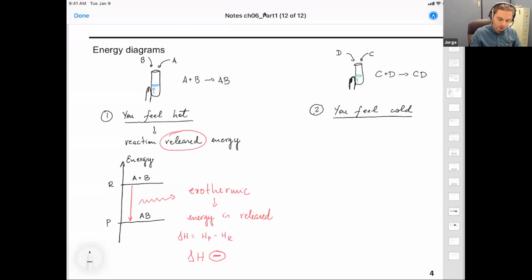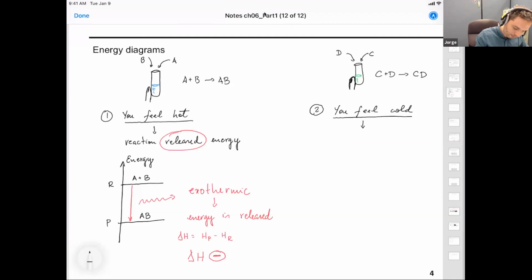If you feel that the test tube is cold, what does that mean for the reaction? Is the reaction releasing heat, or is the reaction absorbing heat from the test tube? If you feel cold, that means the reaction had to absorb heat from the test tube to happen, and that causes the tube to get cold.